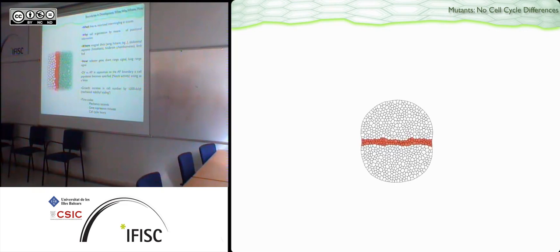The first one, the sum in alpha, is a subindex that runs over all the cells that are surrounding that particular vertex. Okay? So the first term here is an elastic term that has to do with the area of each of those cells that are surrounding this particular vertex. It's like an elastic term that is telling you that the cell will like to have a particular elasticity. The cell will like to have, at a particular point of the cell cycle, a given size of the area, of the apical area.